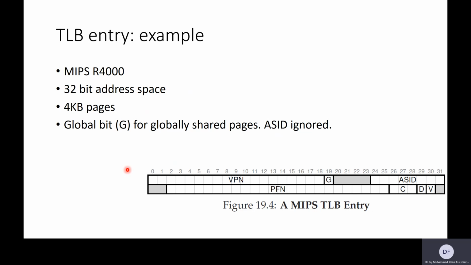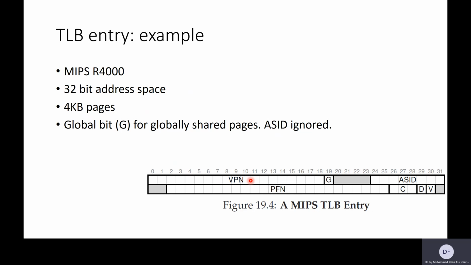Here is a page table entry for the hardware of a real, old processor called MIPS R4000. It has a 32-bit address space and 4 kilobyte pages. Let's look at how its TLB entry looks. It has a 64-bit TLB entry, and the first and foremost purpose of the TLB is to store a mapping from virtual page number to physical frame number.